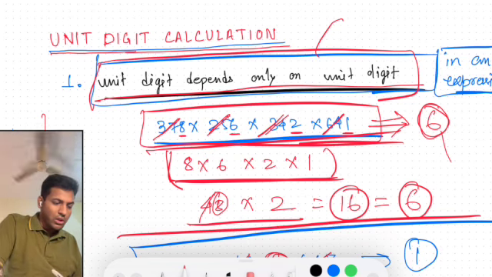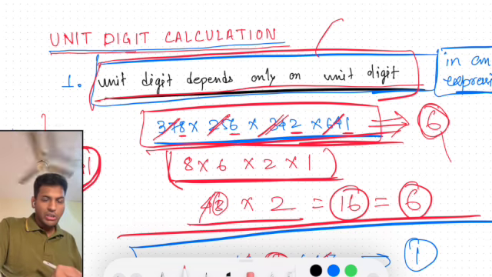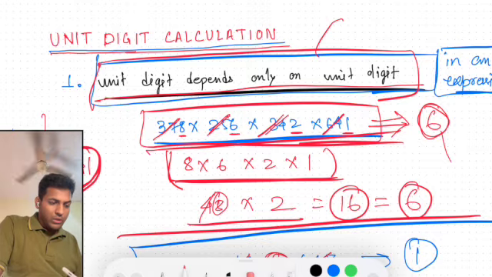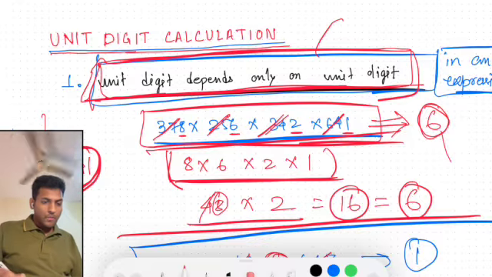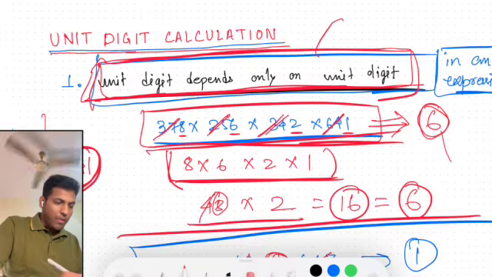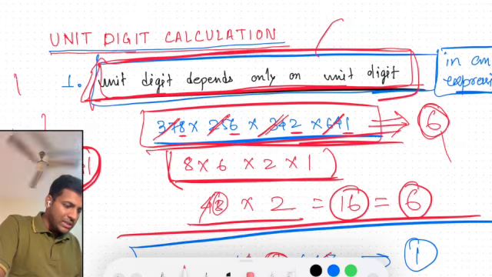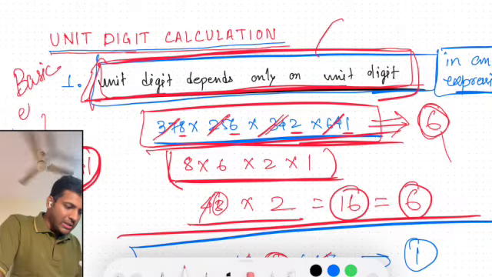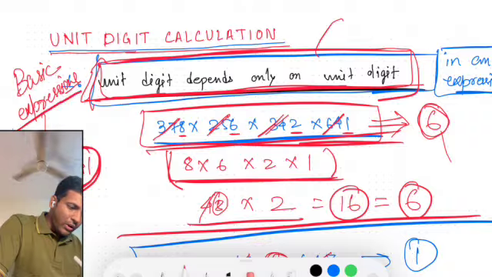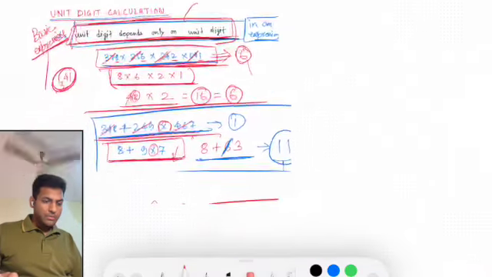Suppose they have asked you 3 to the power 41, what will be the unit digit? I will be teaching you. But this rule you still need to know. It's a very important rule. Now we will proceed to the cases of power. This was for basic maths, basic expressions. Okay. Now we shall proceed.